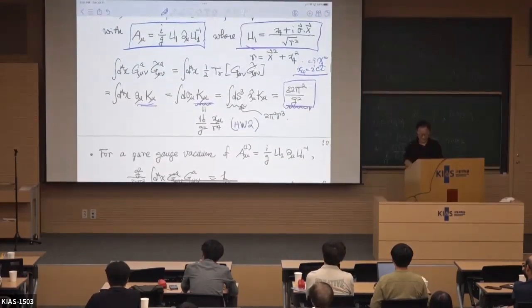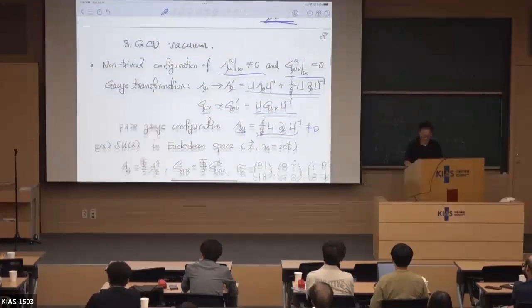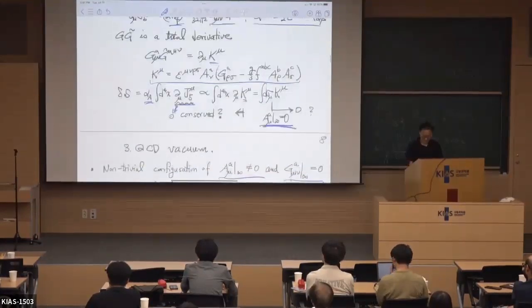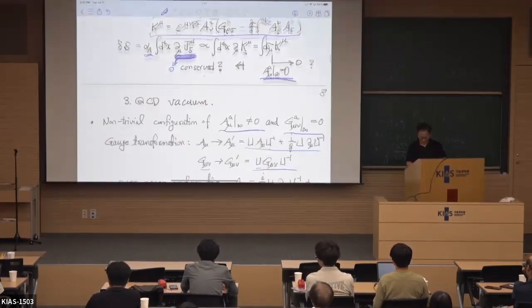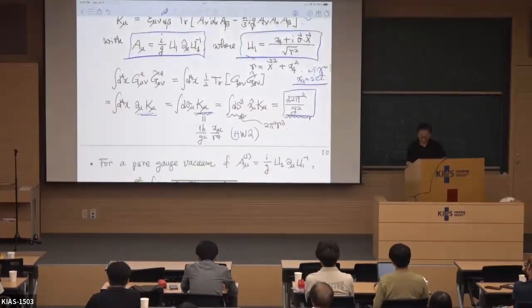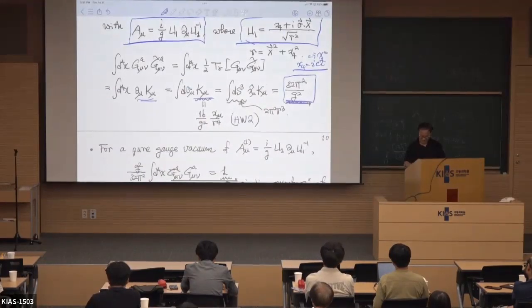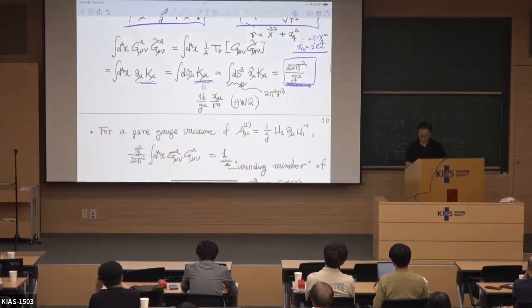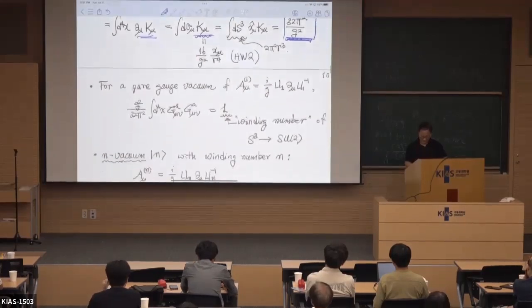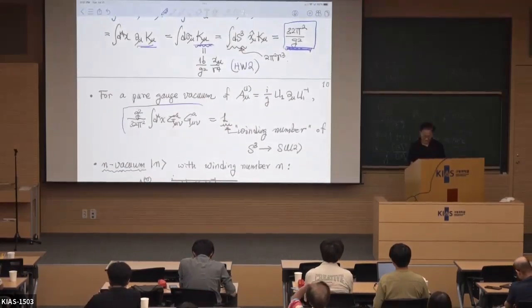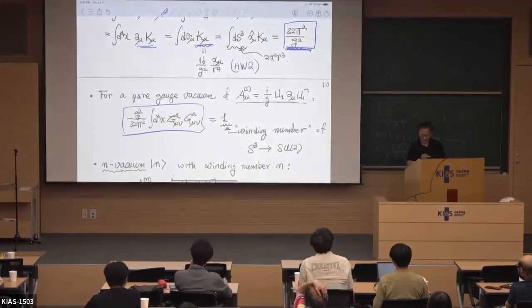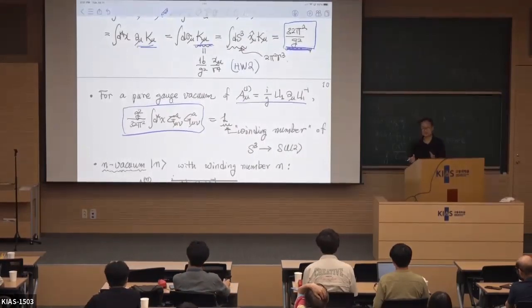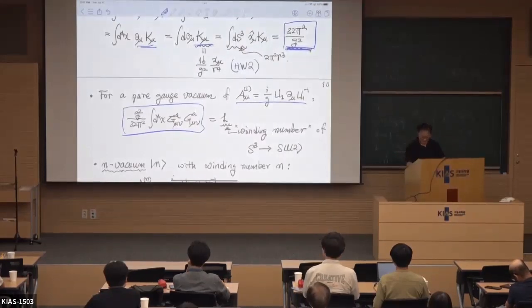Now the chiral current, we proved that it shouldn't be conserved. So there is this non-vanishing factor. With this normalization, if we have this non-trivial gauge configuration, which is non-vanishing at the infinite boundary, then this integration is 1.